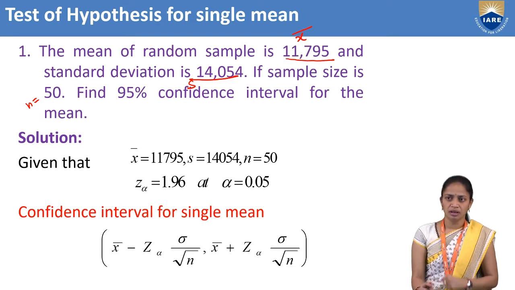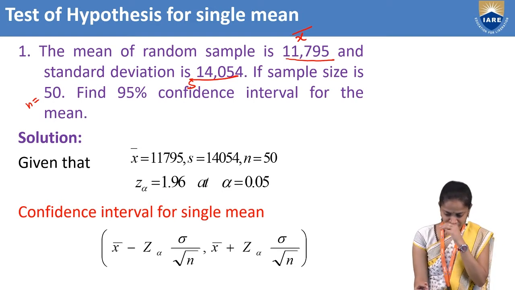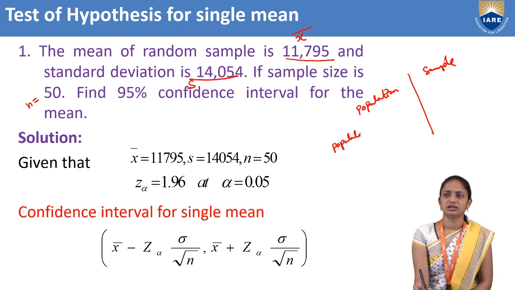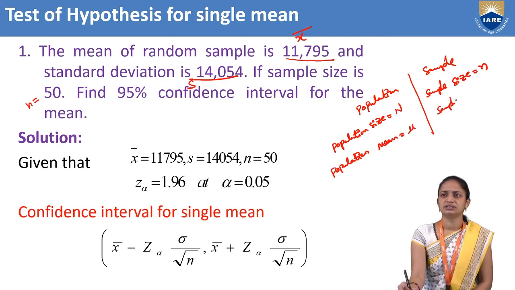Before that, we need to learn what is population and what is sample. Population size is denoted with capital N and sample size is denoted with small n. Population mean is denoted with mu and sample mean is denoted with x bar.